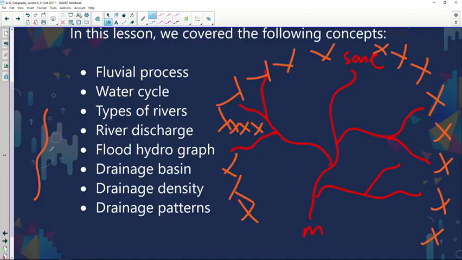When the drainage basin's only got a few tributaries, we say it's a low density. Simple reason for it, because the rainfall is quite less over there. The reason might be because there's a lot of vegetation cover, it's a gentle slope, and it might be permeable rock. It allows water to infiltrate.